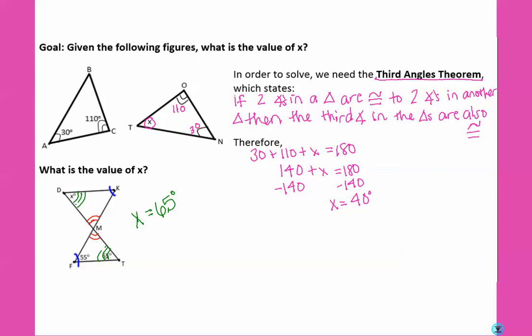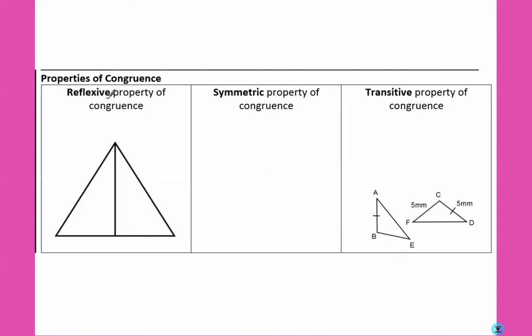Next, we're going to look at some properties. Our first property is the reflexive property of congruence. Now let's say this triangle A, B, C is bisected by the line segment BD. So that means we have one triangle over here, ABD, and we have another triangle over here, BCD.